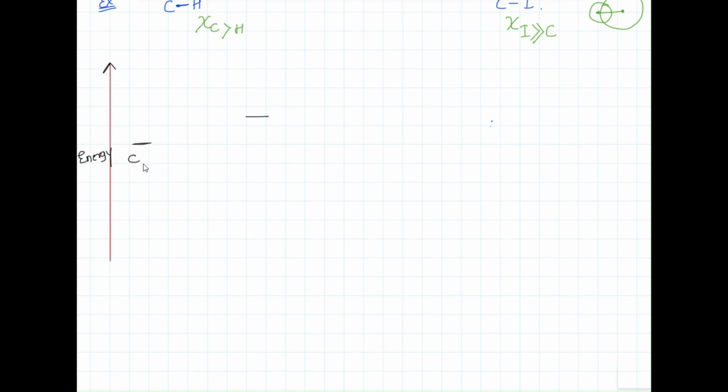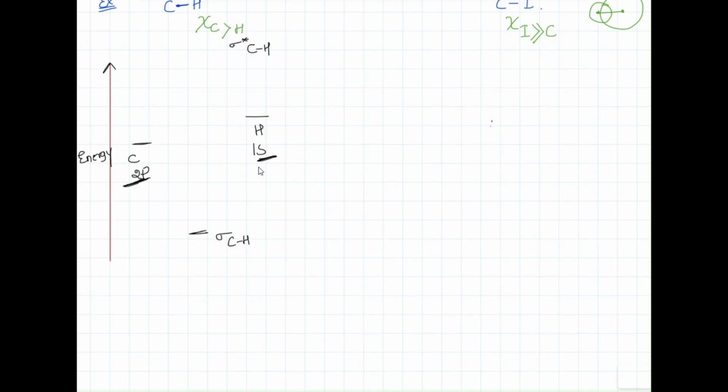These two overlap to give the sigma C-H bond and the sigma star C-H bond, right? We know the overlapping of the 2p orbital of carbon with the 1s orbital of hydrogen is great. Excellent overlapping is formed.